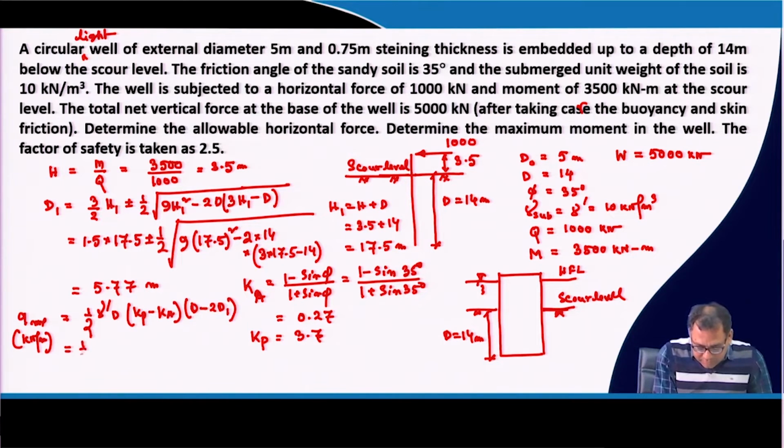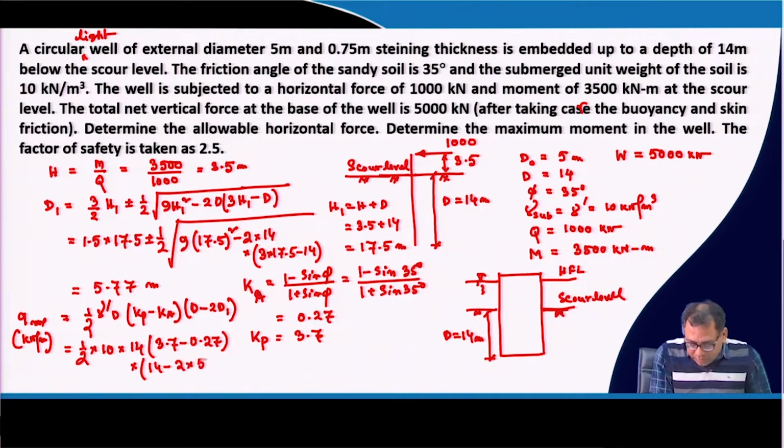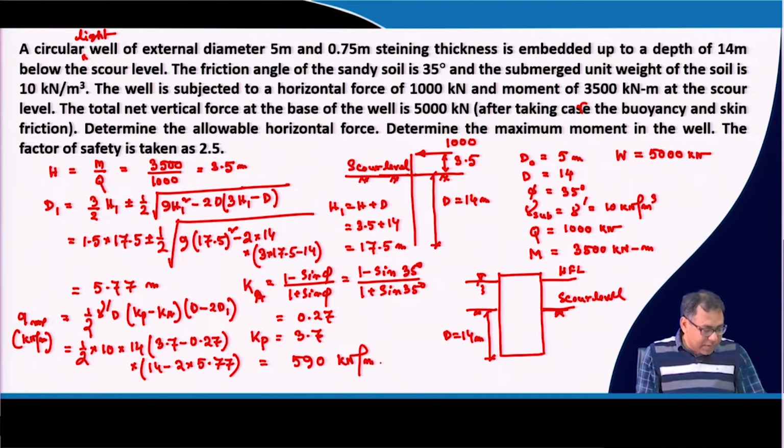So, this is half, gamma dash or gamma sub is 10, d is 14, then Kp is 3.7, Ka is 0.27, then into (d is 14 minus 2 into d1 is 5.77). So, this is 590 kilonewton per meter.